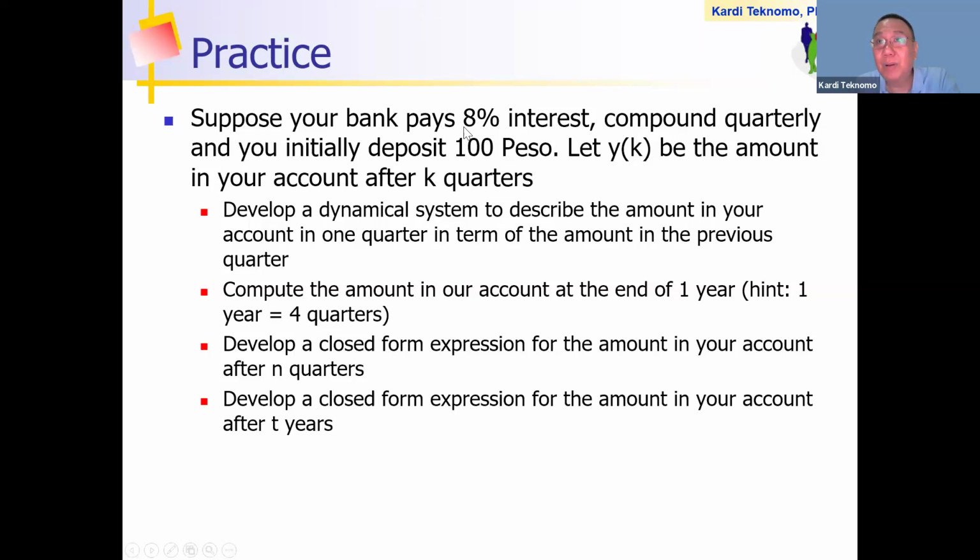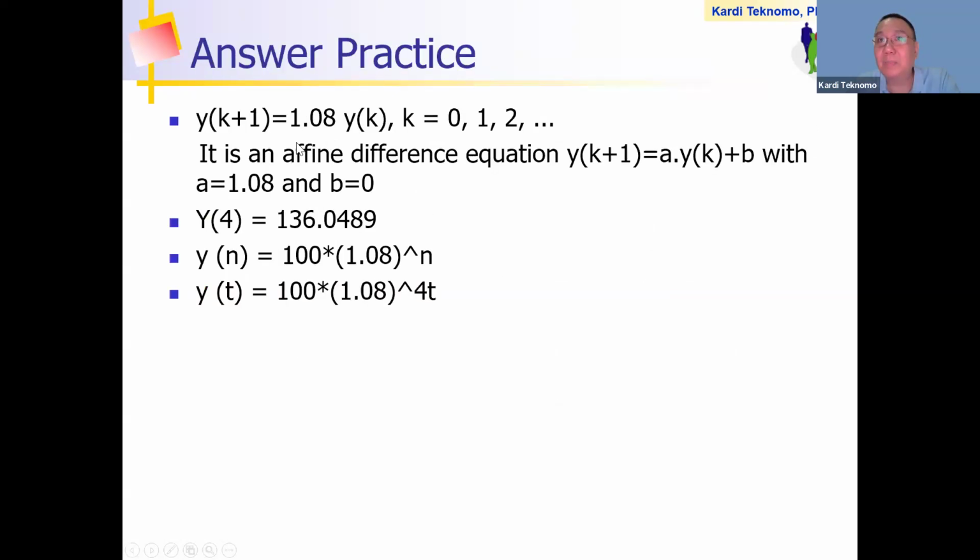So if you have 8% interest and your deposit is only 100 pesos, can we get the formula? The formula is rather simple. 1.08 is the 1 plus the interest.